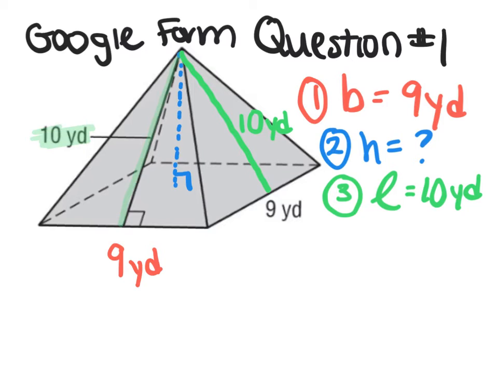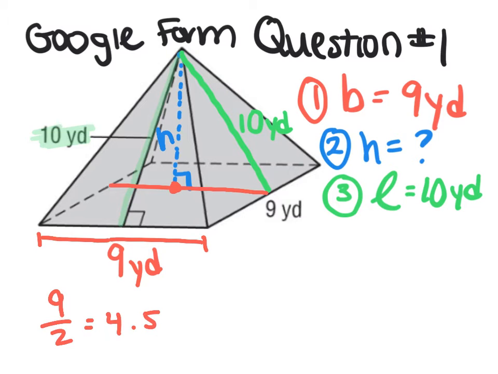Now, if we want to find this height, I label it as H. We know that the whole side length of the base is 9. So if I draw in a side that's parallel to this and split 9 in half, it gives us 4.5. So this is 4.5 and this is 4.5.